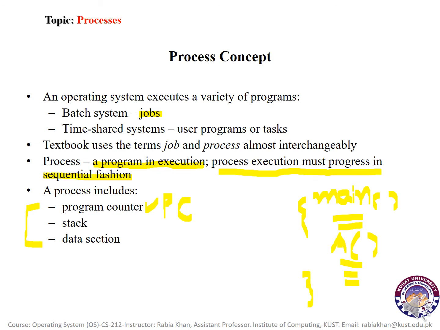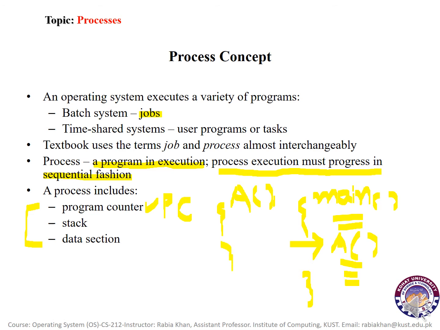Now, when your CPU reaches this function, it is actually a jump to some other location, as function A is not defined in this program. So function A is defined somewhere and stored somewhere else in RAM. So the control is transferred to function A.